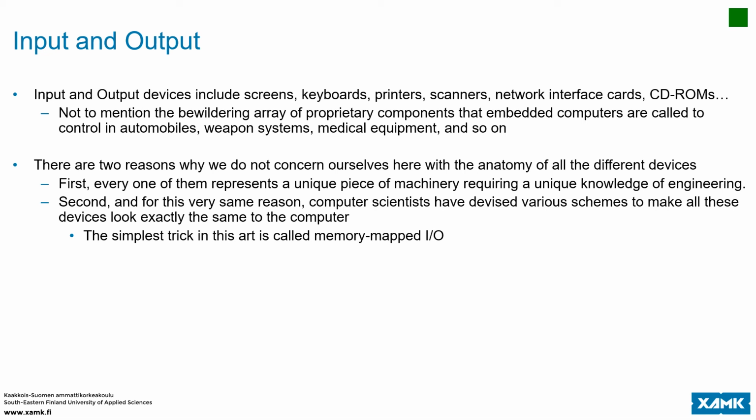Also, since we nowadays fit computers to every single thing in the world, there's a bewildering array of different components that embedded computers have. For example, things to control in cars, or weapon systems, or medical equipment, and so on.